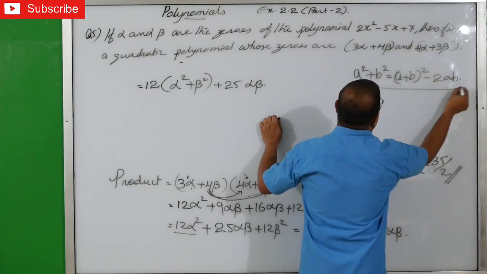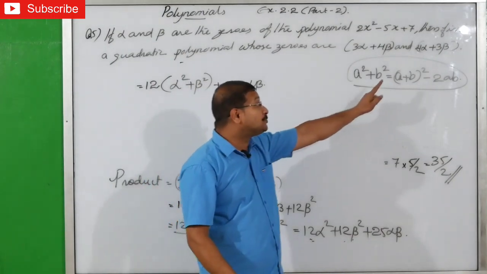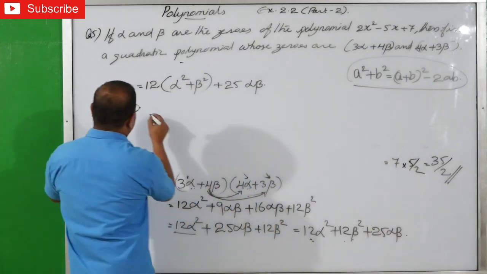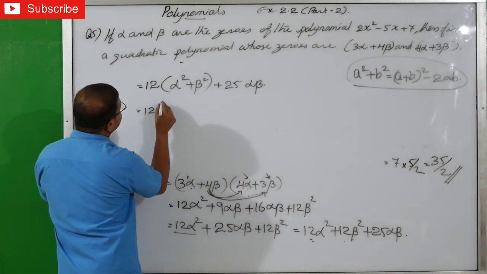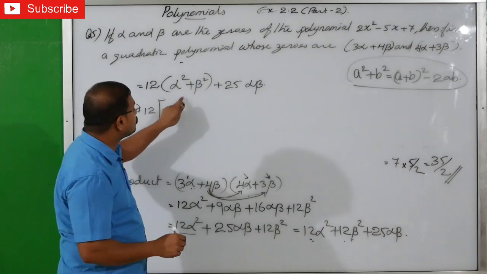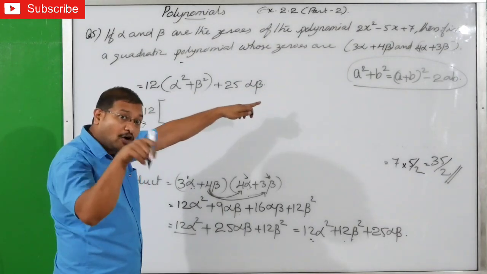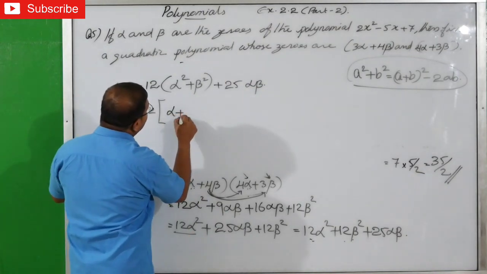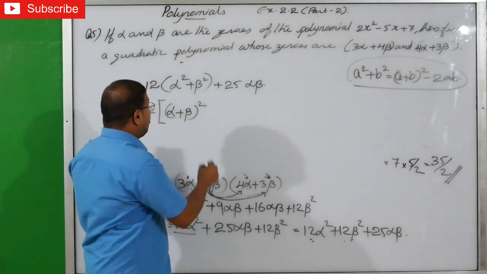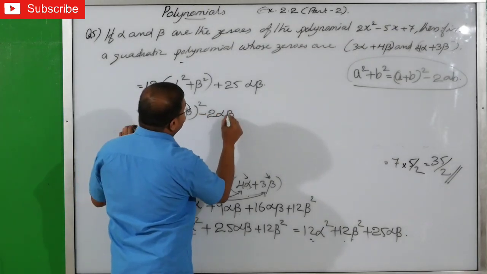You need to add this. So this equals 12 bracket alpha plus beta the whole square minus 2 alpha beta, plus 25 alpha beta.